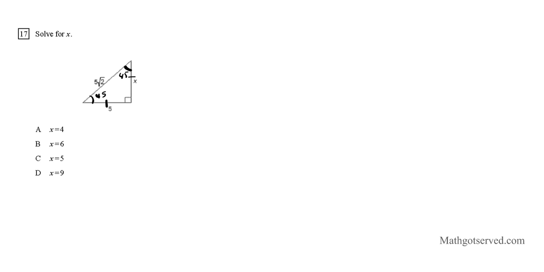And then let's draw our 45, 45, 90 triangle for reference. Our 45, 45, 90 triangle is as follows. You have 1, 1, and then root 2. Okay? And this is 45, and that's also 45. This is 90.